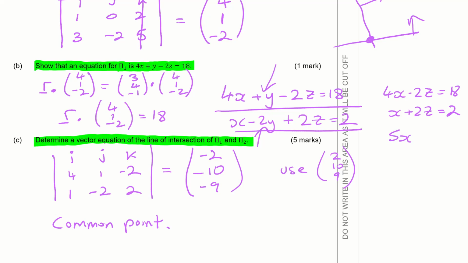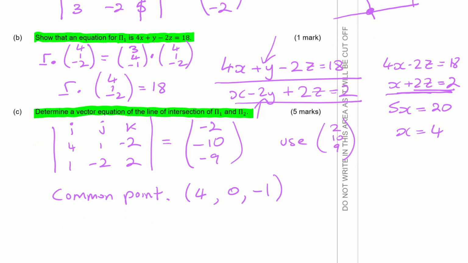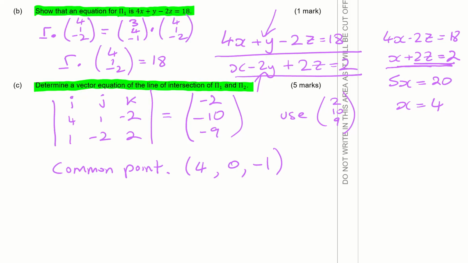Adding those gives us 5x equals 20, and so x equals 4. We took y as 0, and if x is 4, substituting back here would give me that z is negative 1. So that point is on both planes and therefore on the line of intersection. And so our line is going to be (4, 0, -1) plus lambda (2, 10, 9).